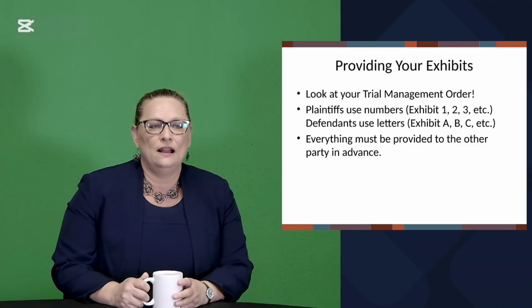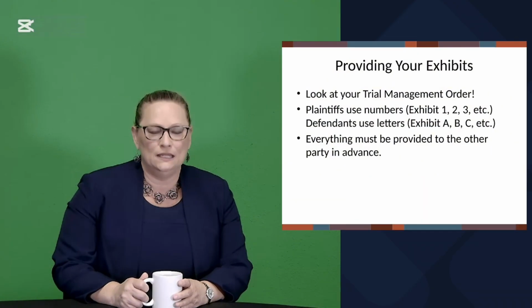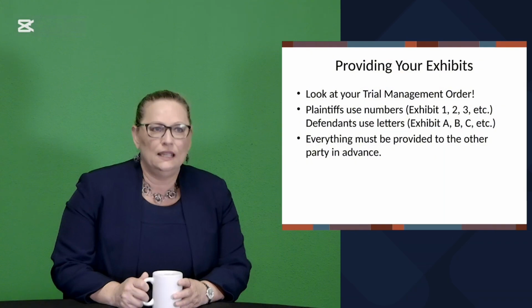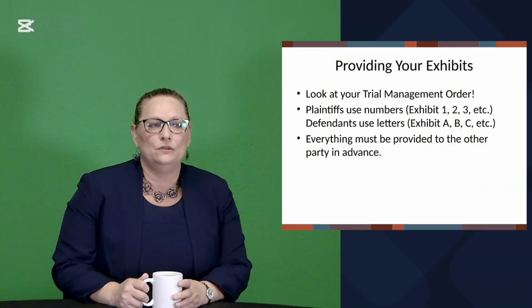You're going to want to have a copy for yourself, a copy for any witness that is sitting on the witness stand, a copy for the opposing party or opposing attorney, a copy for the courtroom clerk, and a copy for the judge, so the judge can be looking at it once it's been admitted during the trial as well. So that's 5 copies. You're going to need to have 5 copies of your full book of exhibits heading into an evidentiary hearing or a trial.